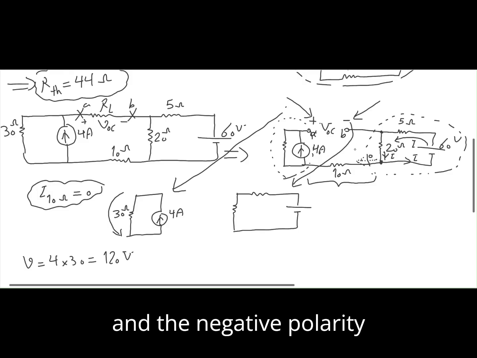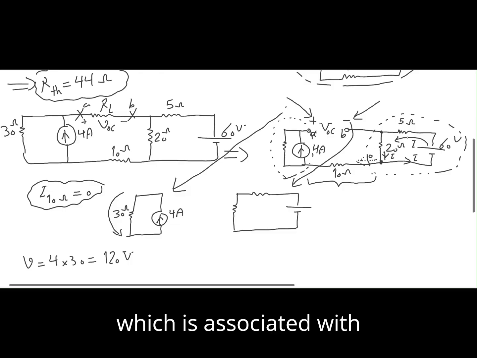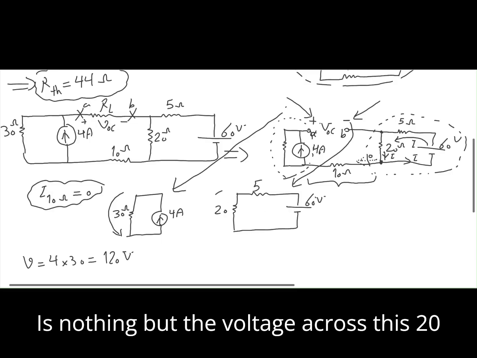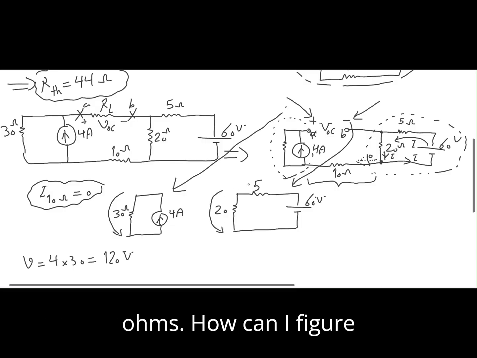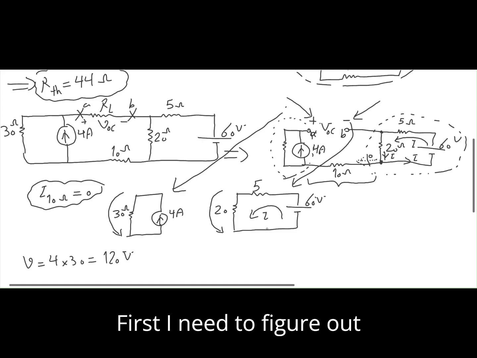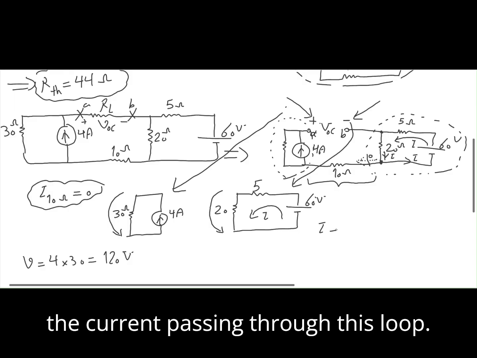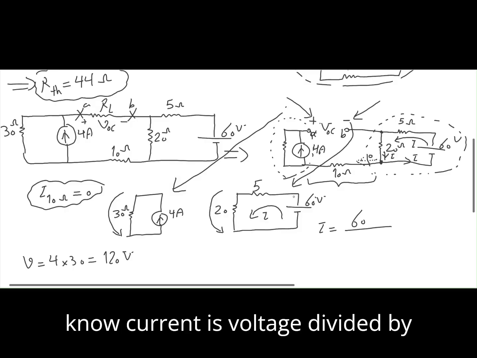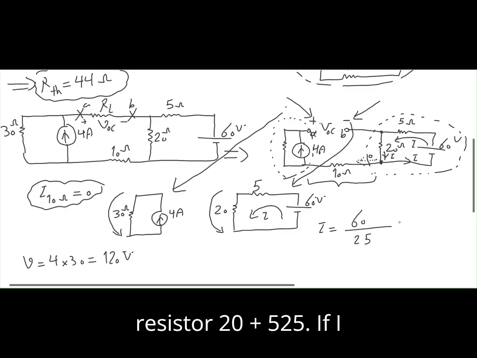And the negative polarity, which is associated with this right circuit, 20 ohms, 5 ohms, and 60 volts, is nothing but the voltage across this 20 ohms. How can I figure out the voltage across this 20 ohm? First, I need to figure out the current passing through this loop. And again, from Ohm's law, I know current is voltage divided by resistor. 60 over 20 plus 5, 25.